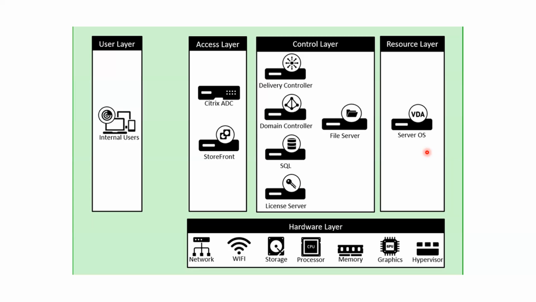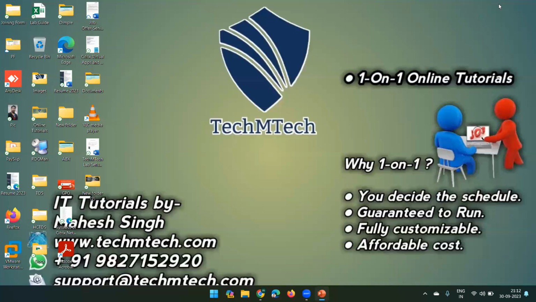So let me guide you guys. A server operating system is a multi-session operating system, meaning multiple users can connect to a server at a single time, in parallel. But in a desktop operating system, only a single user can connect at a time. Like on this laptop, this is my Windows 10 operating system.